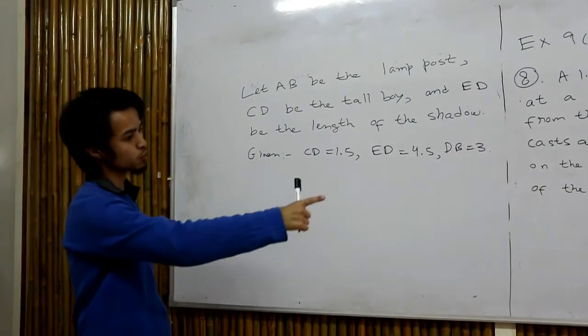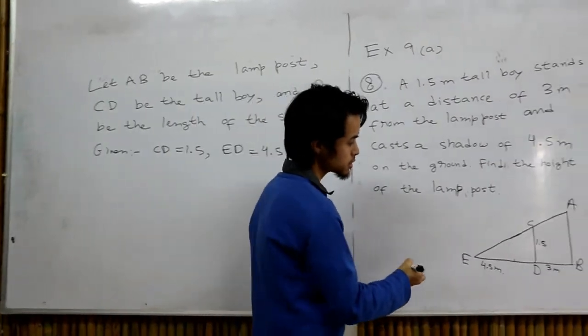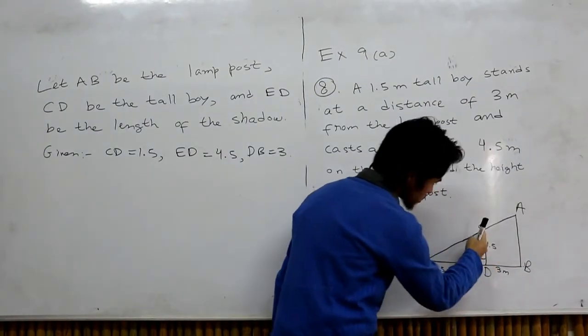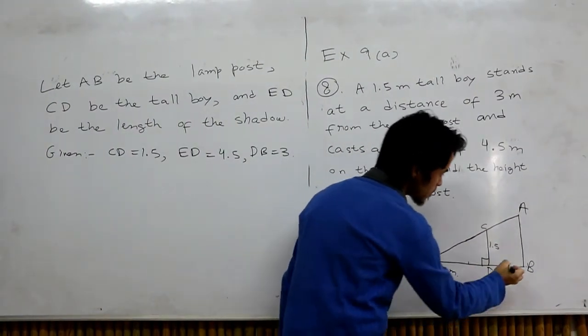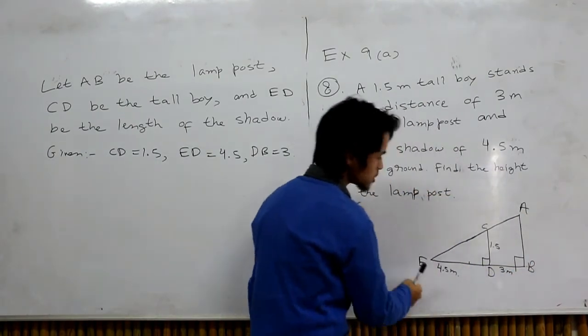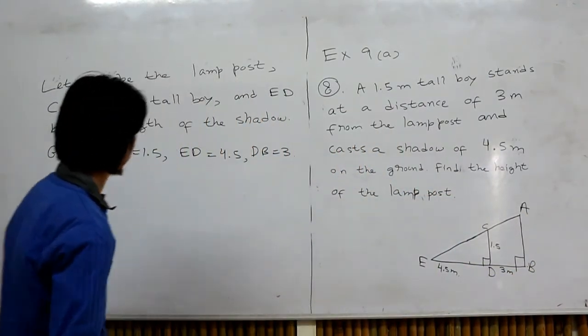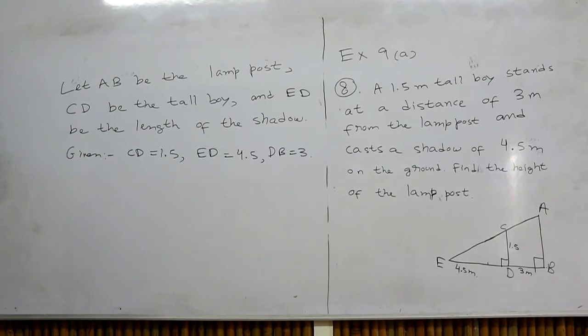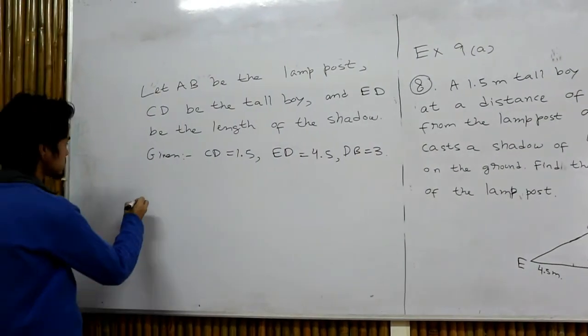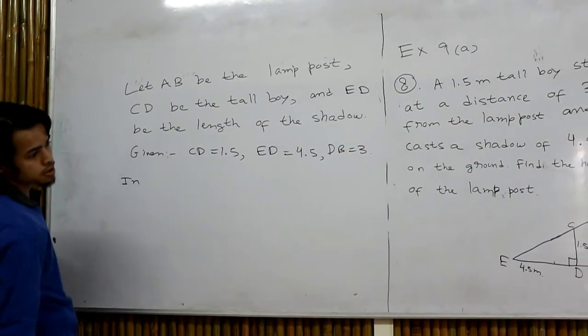Now we have two right angle triangles, this one CDE and ABE. So we can choose any of them first. Let me choose first the smaller right angle triangle, which is triangle CDE.